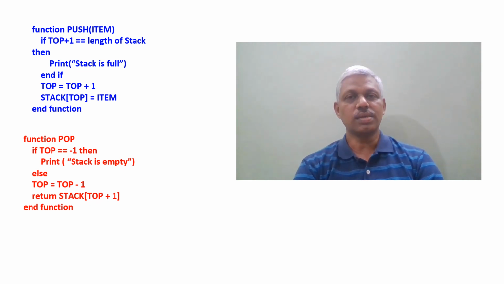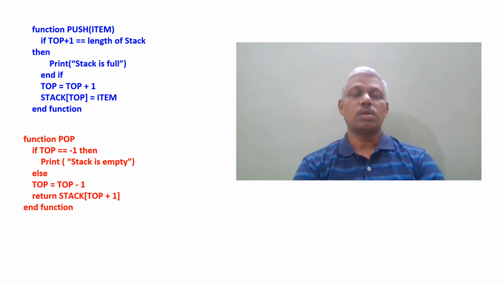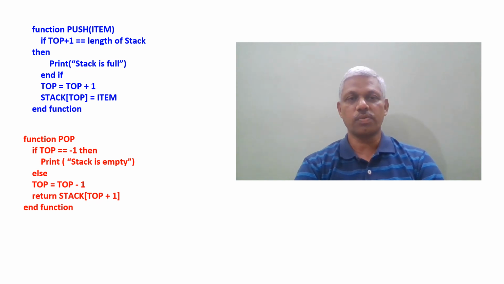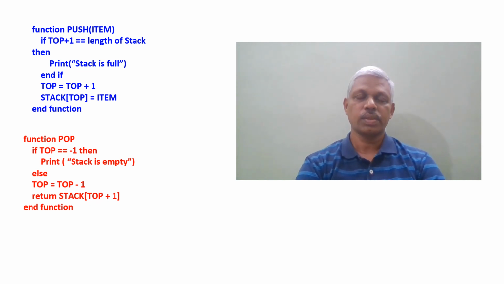So we insert the data in item into the location which is updated as top plus 1. So stack of top is taken as item. Now the current top indicates the incremented one. Item is inserted and top is incremented. This is how the operations are performed for a push.